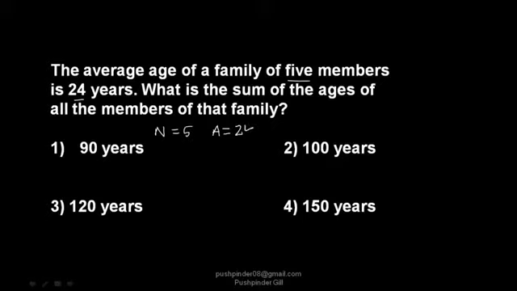That means the sum is going to be 24 times 5, because average is equal to the sum of items divided by the number of items. So sum is equal to average times number, or average is equal to sum by number, or number is equal to sum by average. This way you get your answer.